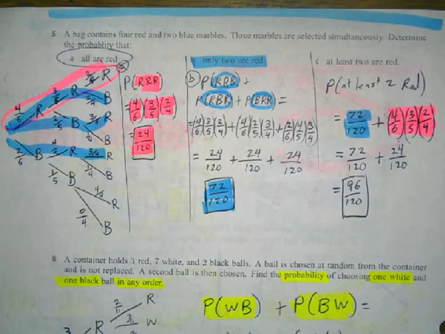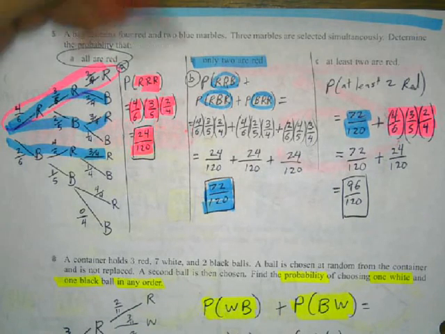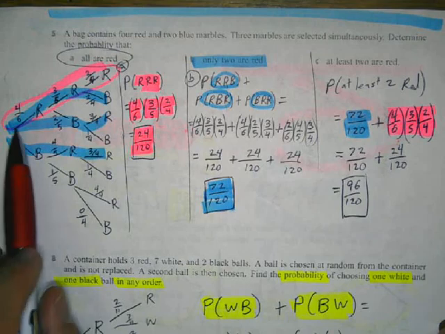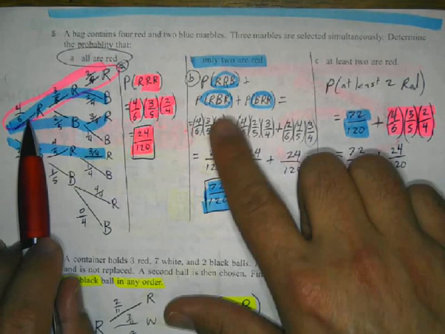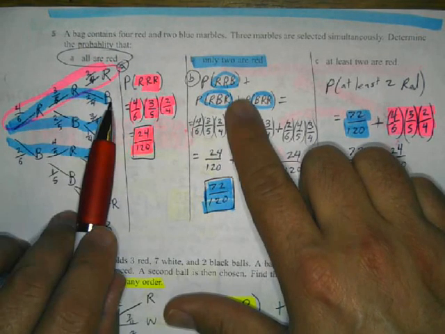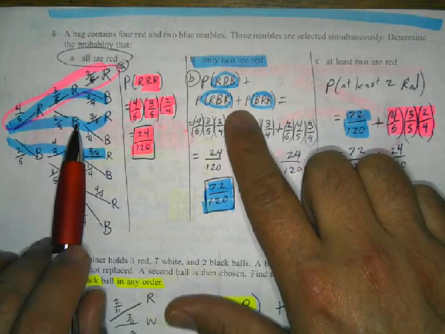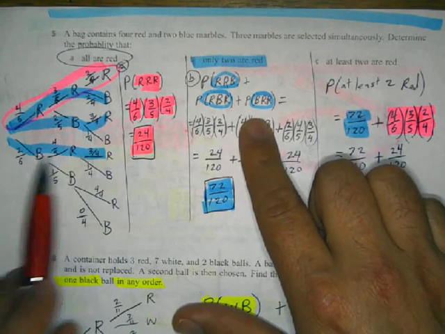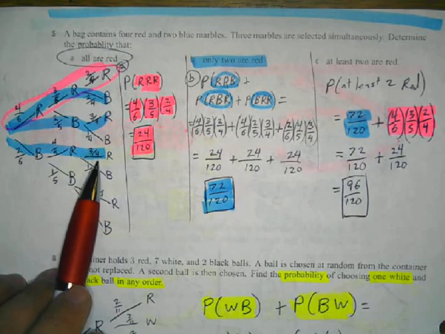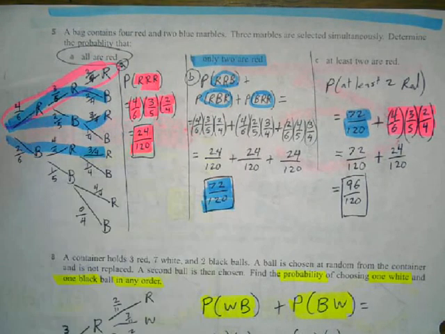The probability of only getting 2 red is I can either get a red, red, and blue, or I can get a red, blue, and red, or I could get a blue, red, and red. Those are the 3 possible chances for getting 2 red marbles.